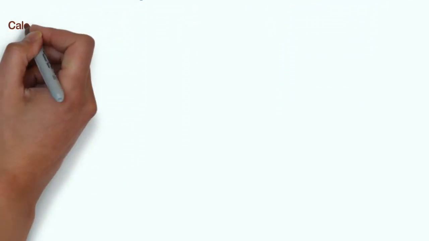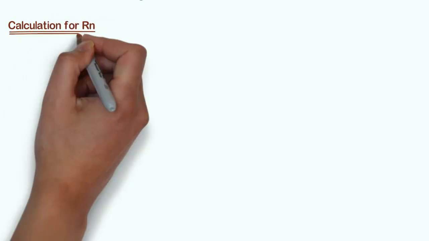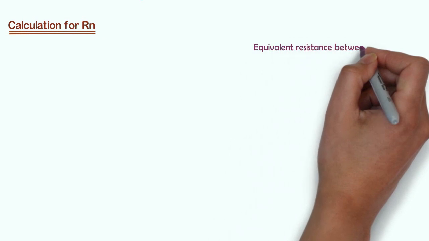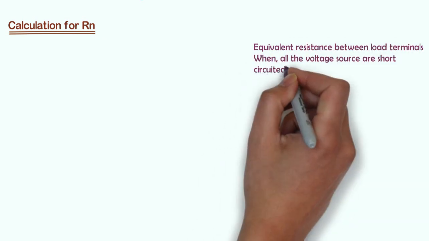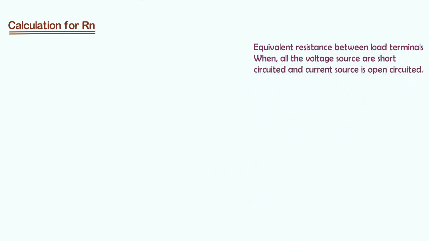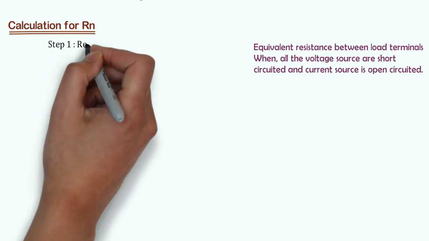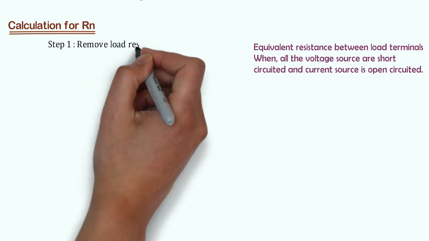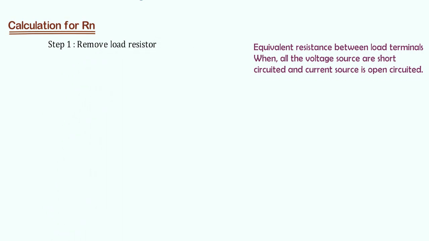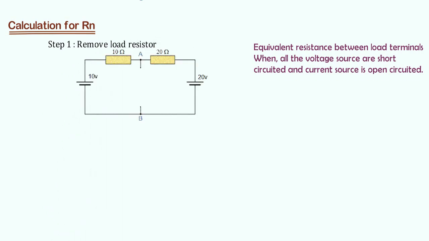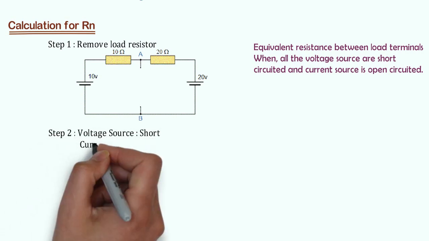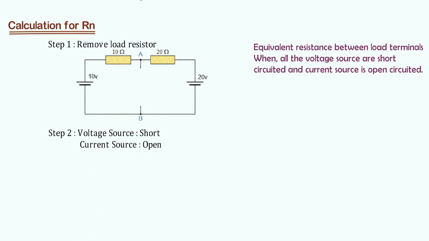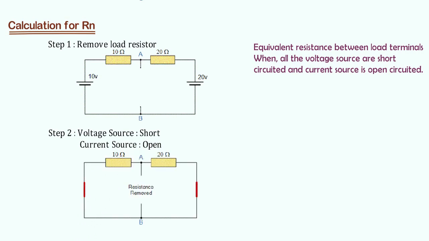Now in this step, we are supposed to find Norton's resistance. It is defined as the resistance between load terminals when the voltage source is short circuited and the current source is open circuited. Here, step 1 is to remove the load resistance and redraw the circuit diagram. Friends, after removing the load resistance, our second step is to short all the voltage sources and open all the current sources. Then the circuit will look like this.